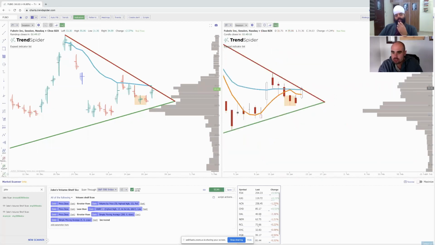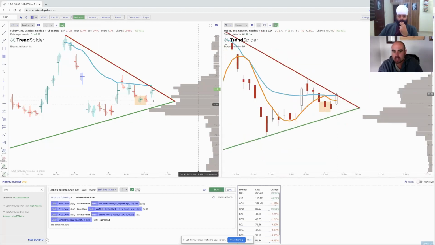So anytime you see a discrepancy between the raindrop and the candle, I'm always looking at the raindrop to have more conviction. So if there's a green raindrop but a red candle, I'm looking at that. Rather than if there's a green candle and a red raindrop, I'm looking at that as a little bit of a maybe not. Maybe not time to jump into that yet. So anytime that I see this discrepancy with a green raindrop and a red candle, I look at that as some type of divergence.